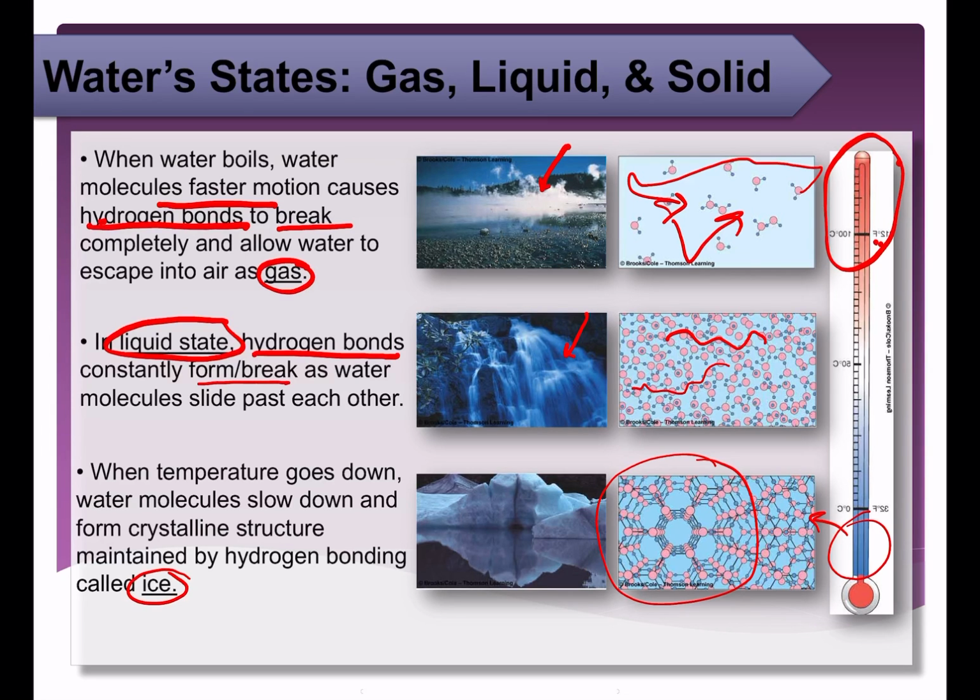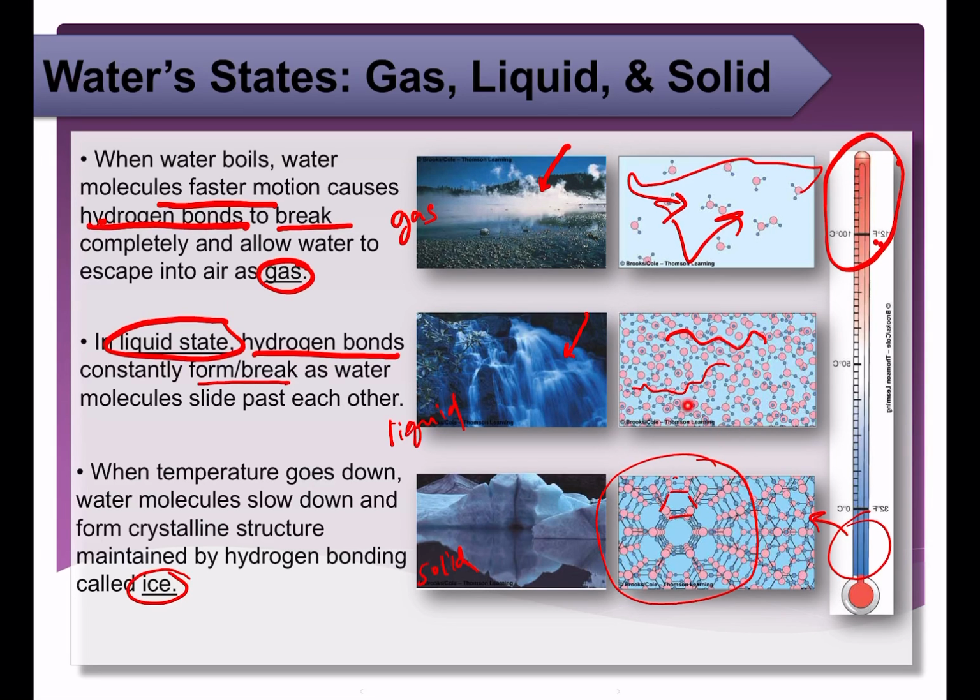So gas, liquid, and solid state of matter. And for water, the solid state of matter is ice. Now, the hydrogen bonds are still there between the water molecules, as we can see these lines here, but they are no longer constantly breaking and forming like they were sliding past each other in the liquid formation.